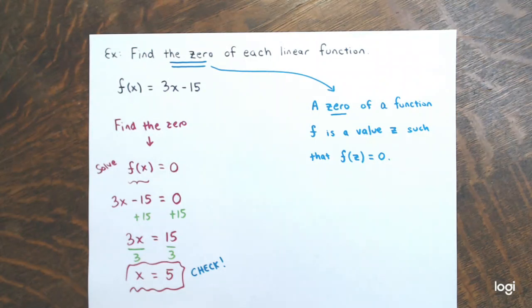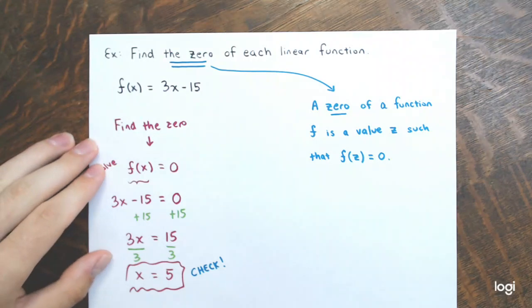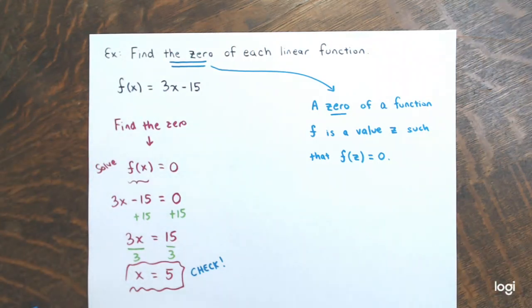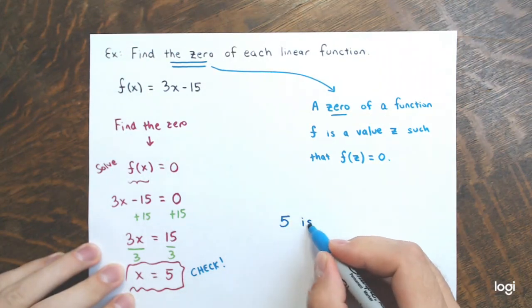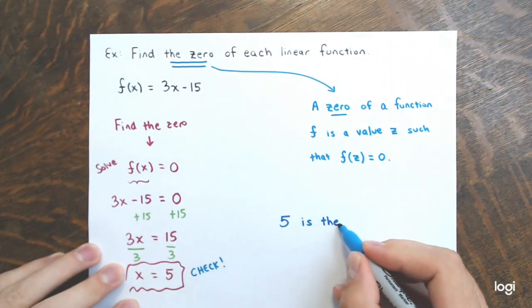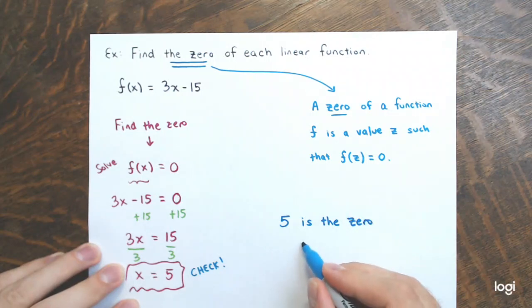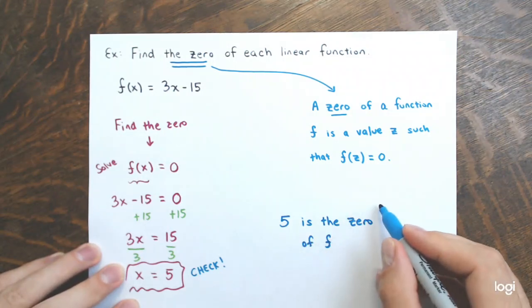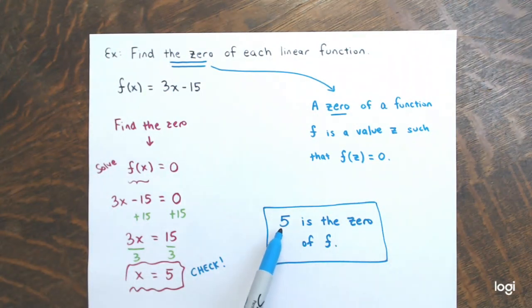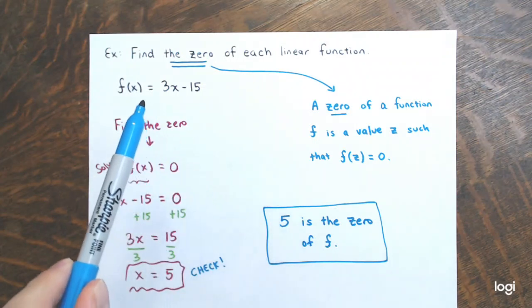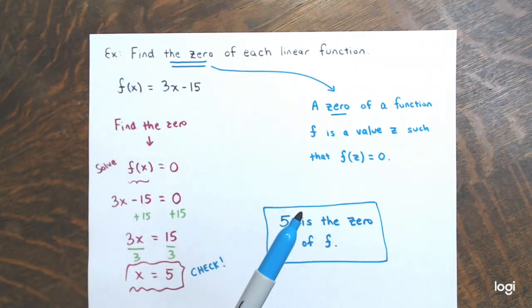So the way I would write this out is, 5 is the 0 of f, or x equals 5. You can say it like that in a complete sentence. All that means is that when I plug 5 in for x in this function f, the output is 0. That's all that means. Great. And it's really that simple.